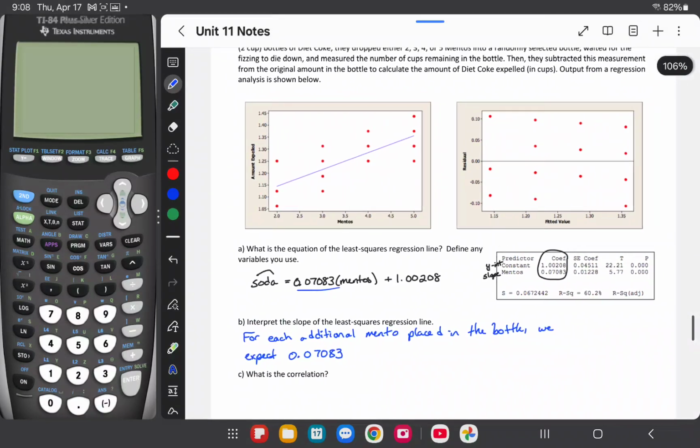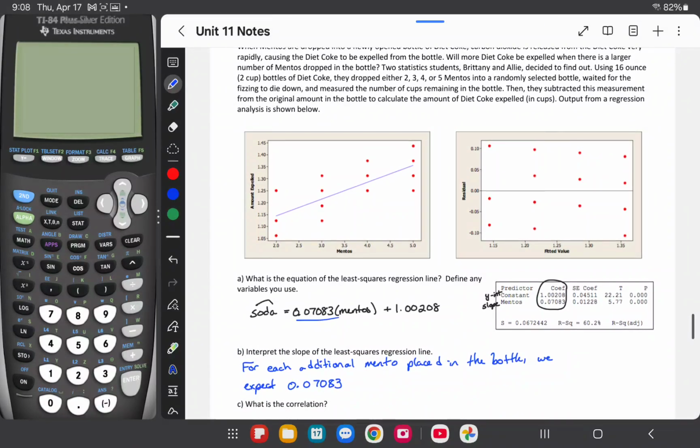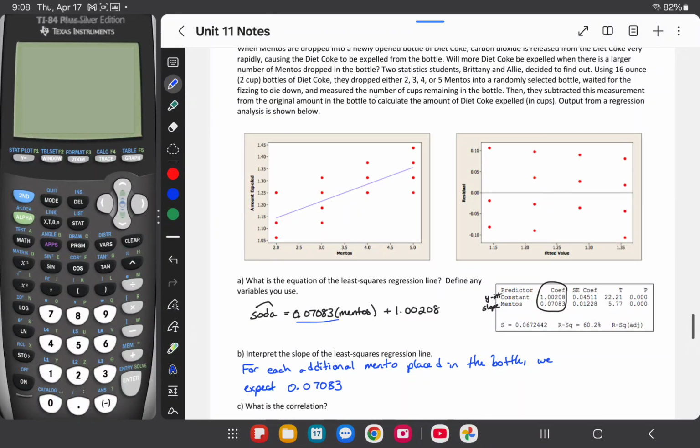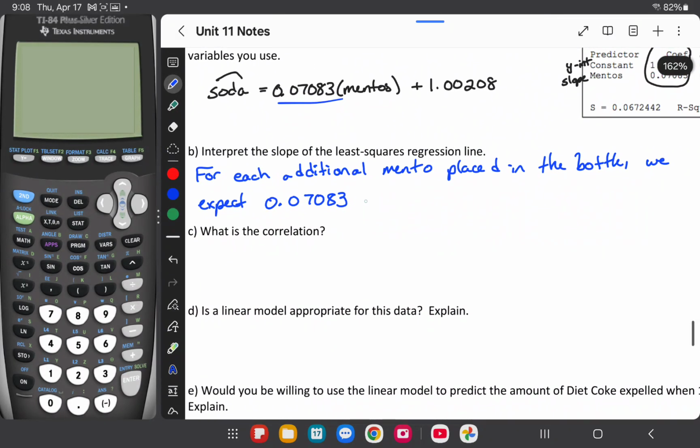That was the amount expelled, and the units there was the number of cups. It looks like the amount in cups that was expelled, so 0.07 cups to be expelled from the bottle.